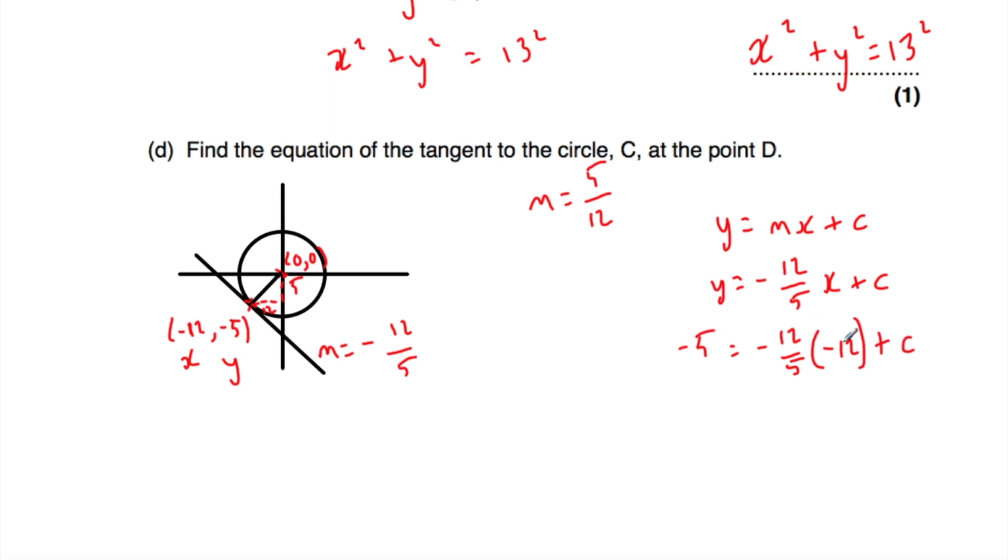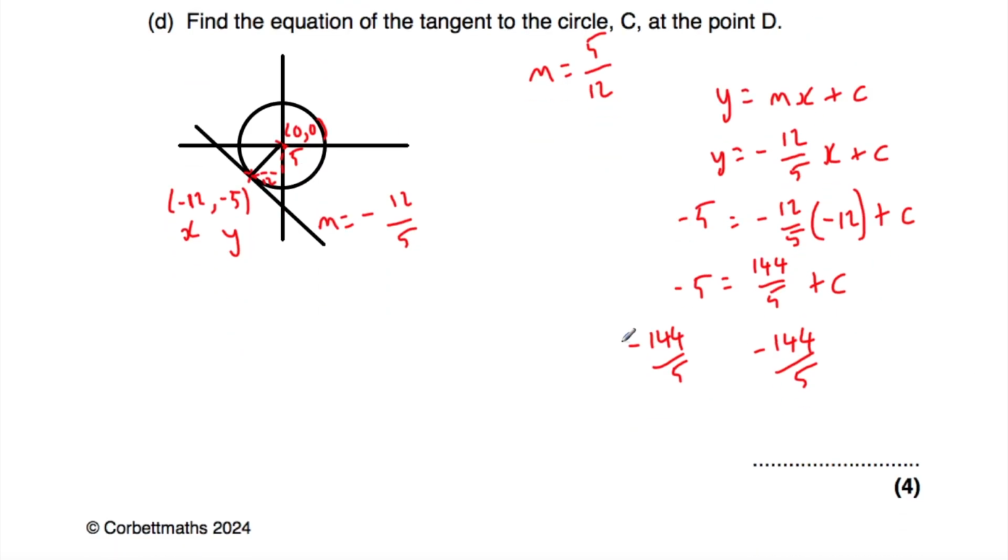Negative 12/5 multiplied by negative 12 is equal to 144/5. So negative 5 is equal to 144/5 plus c. We want to get c on its own, so let's take away 144/5 from both sides of the equation. It's a calculator question, so that's quite nice. On the left-hand side, we just need to work out what 5 minus 144/5 would be.